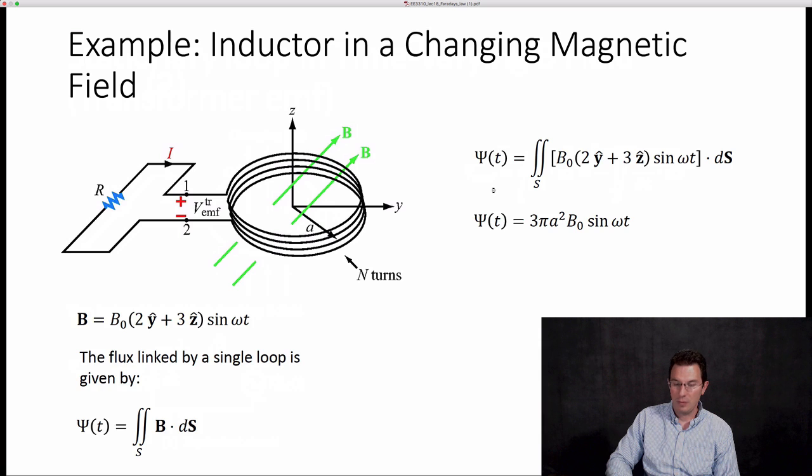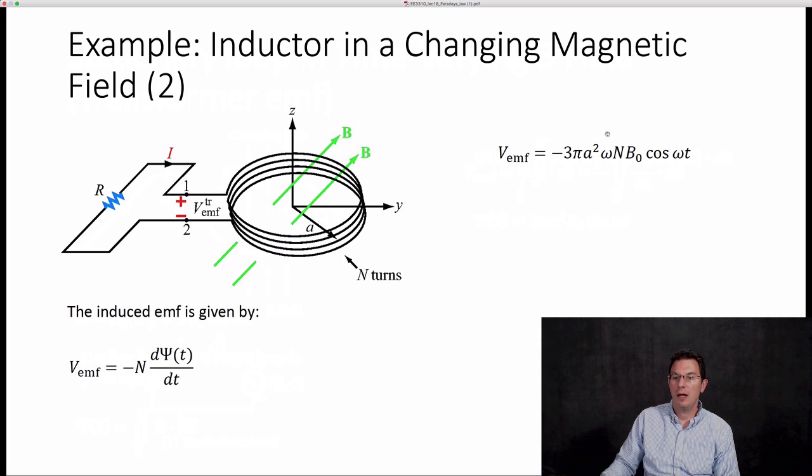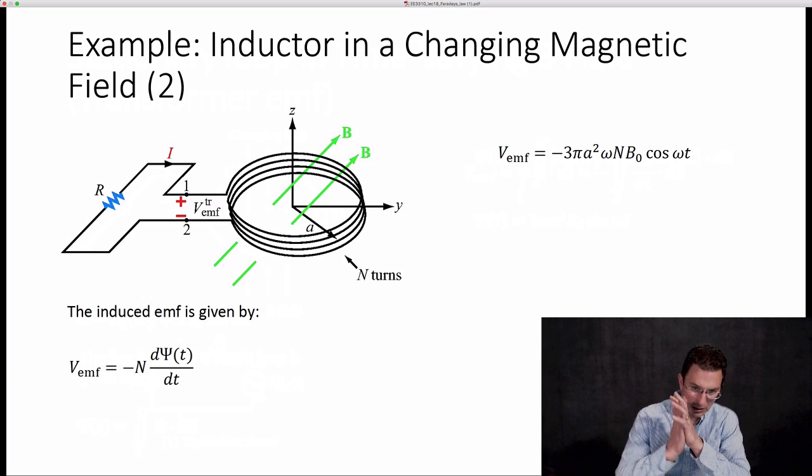The omega pops out front, and we have a cosine, since the derivative of sine is cosine, and then Faraday's law says we need a negative sign out front. So there you go. This is a time-varying expression for the voltage that will develop between the top of the solenoid and the bottom of the solenoid.